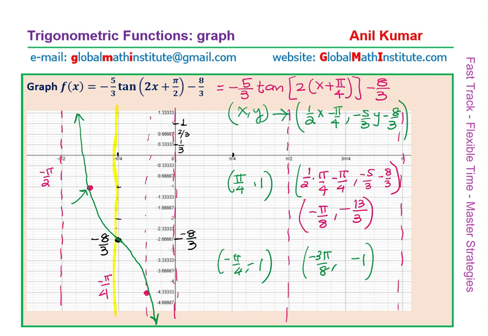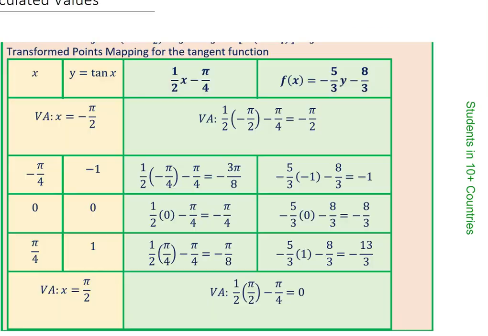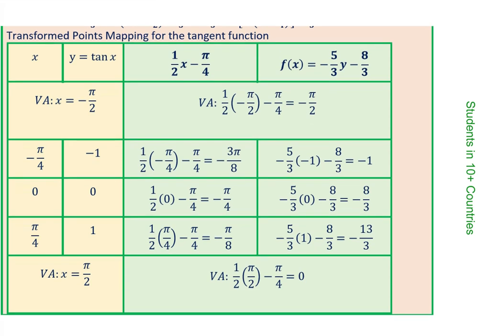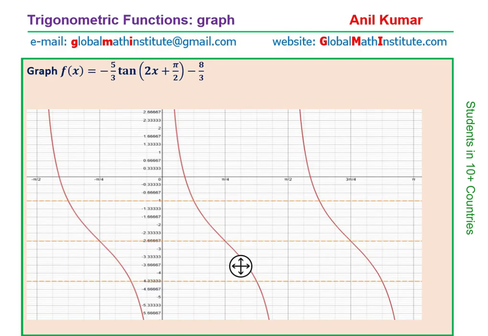I hope this concept is absolutely clear, right? So here are your calculated values shown in the form of a table. You can actually look into these, correct? The complete calculation which I showed you, how we get this, is shown here. Perfect. And then that is your final graph as it looks from a graphing calculator or graphing software.